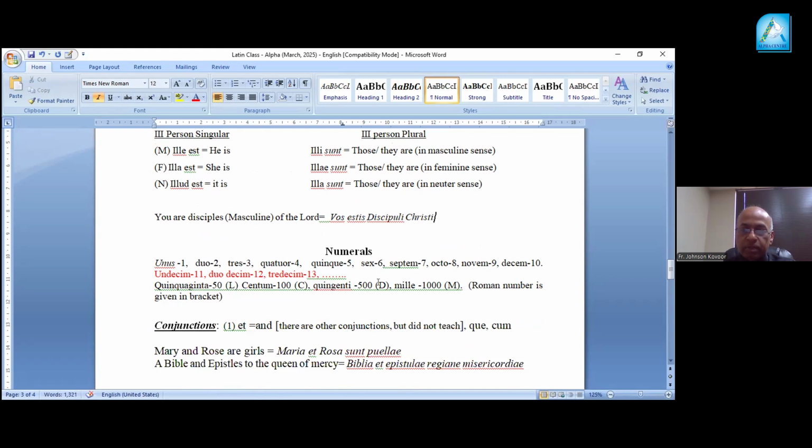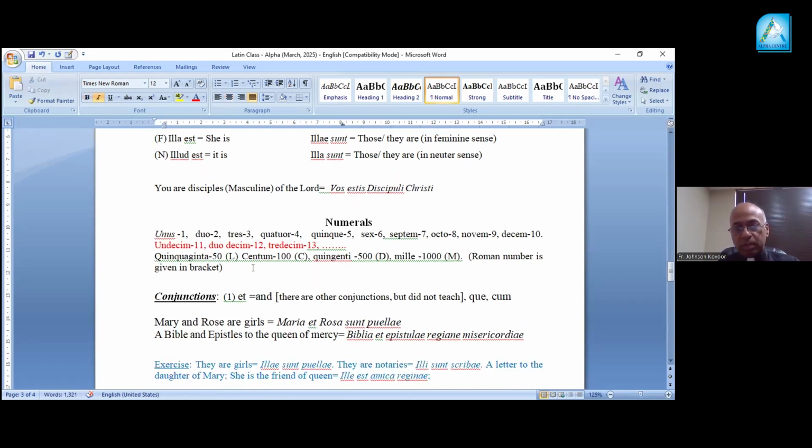Now leaving this part, what I left here is the numerals. Just 1 to 10, then 50, 100, 500, 1000, like that only. For numerals, you have the note with you. Please go through it. Unus, duo, tres, quatuor, as in quarter final.